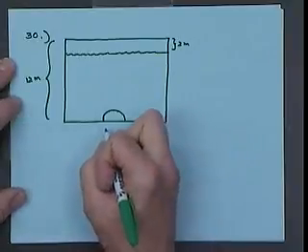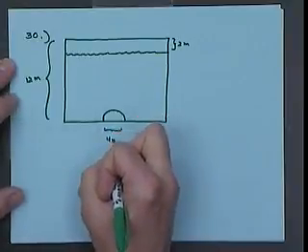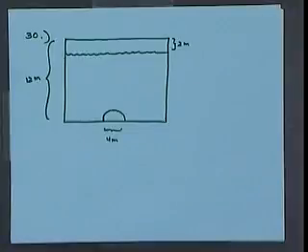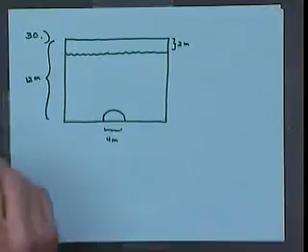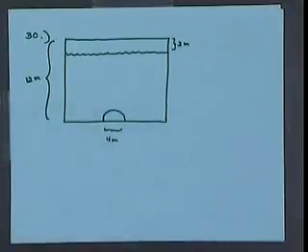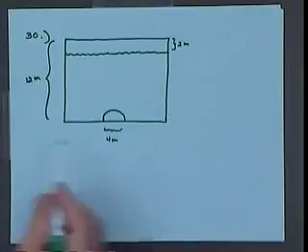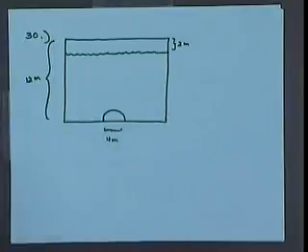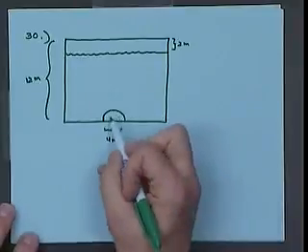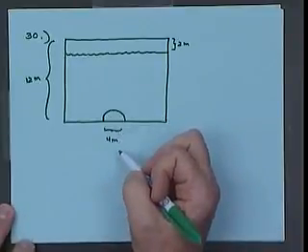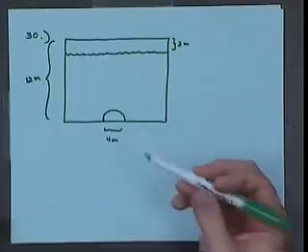And this is 4 meters. Okay, let me read the problem again. A vertical dam, so this whole thing is the dam, has a semicircular gate, so that little gate to release water is at the bottom. As shown in the figure, find the hydrostatic force against the gate. So that's our picture. Here's the gate. I'm not going to shade it because it's going to get crowded anyway in a hurry.